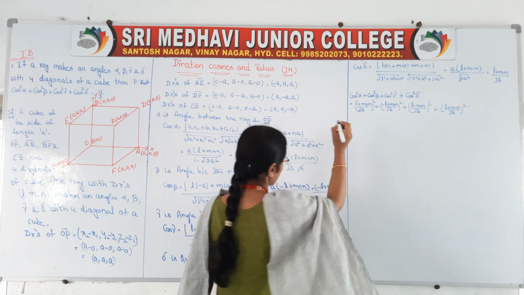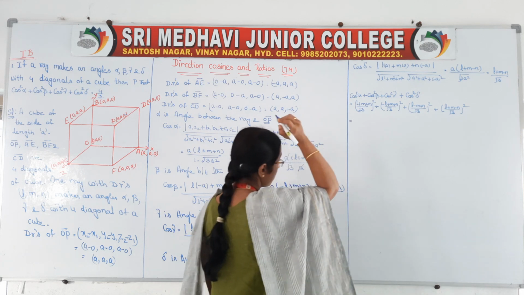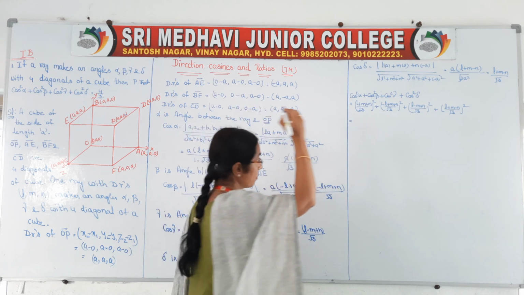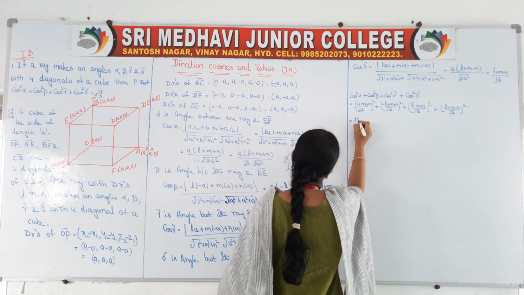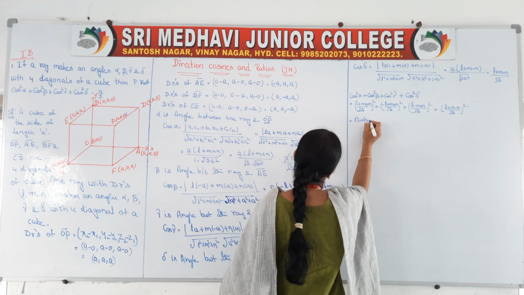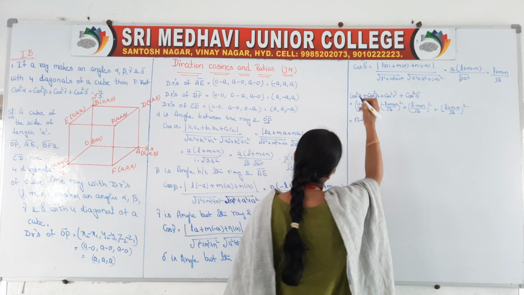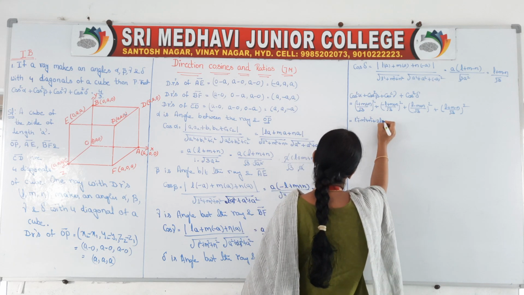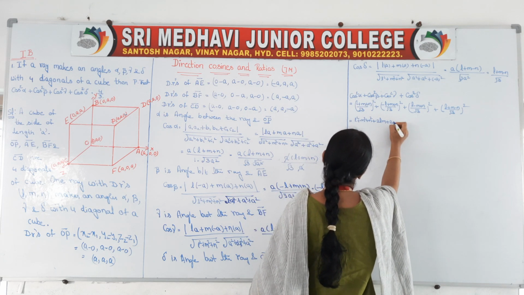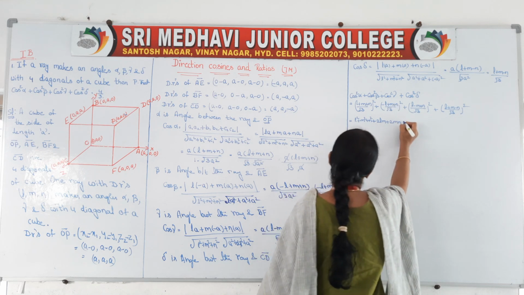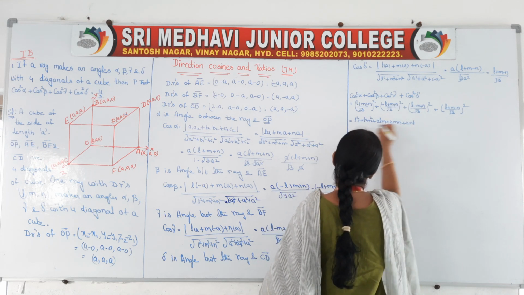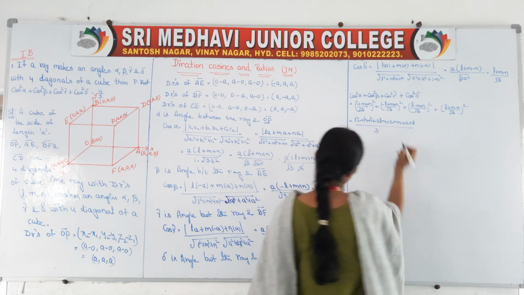So it is equal to, it is of the form (a plus b plus c) whole square, that is a square plus b square plus c square plus 2ab plus 2bc, isn't it? So 2lm, 2mn, plus 2nl, by 3.